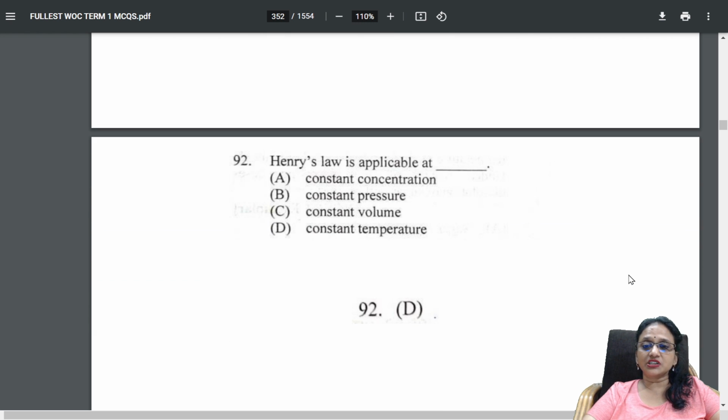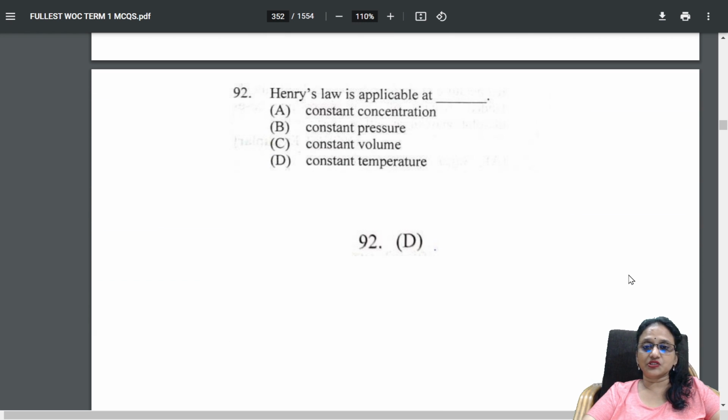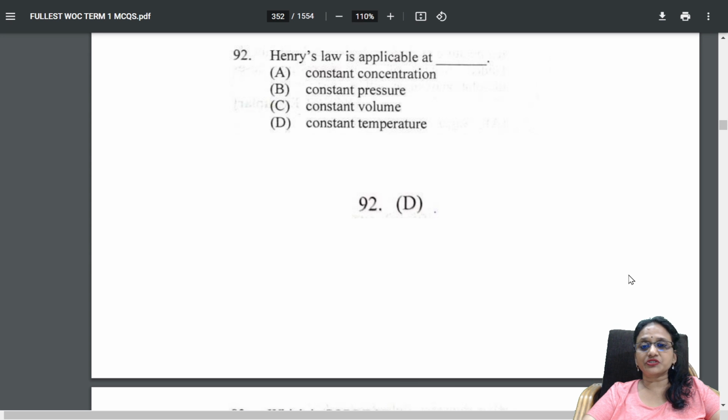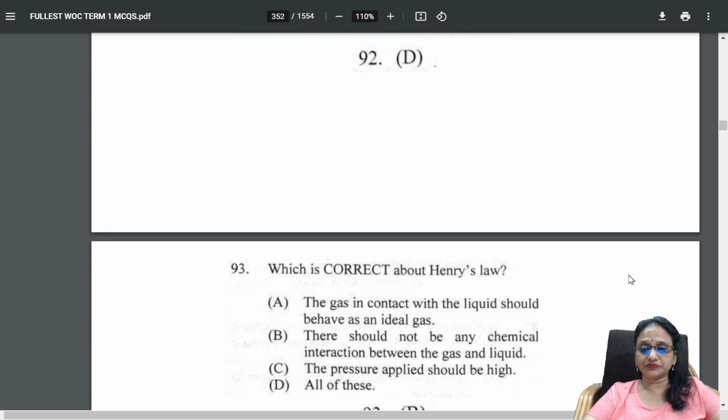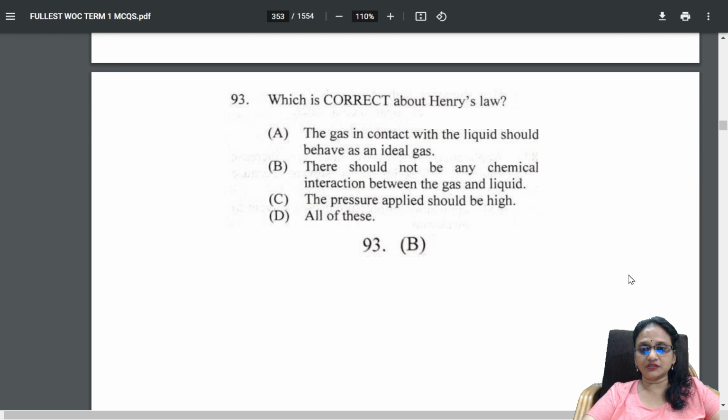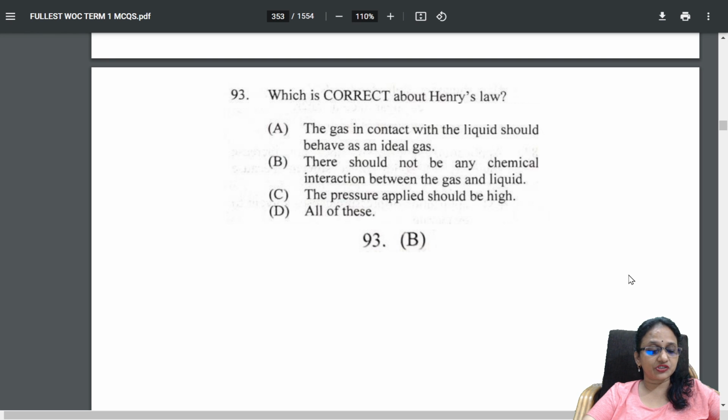So it depends upon the Van 't Hoff factor also. Van 't Hoff factor is deleted for you all, but you should know the concept of solubility of these ions. Henry's law is basically deleted for CBSE students, but state board students have this concept.